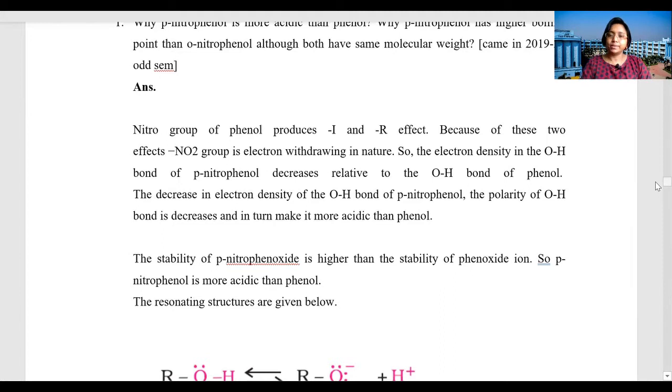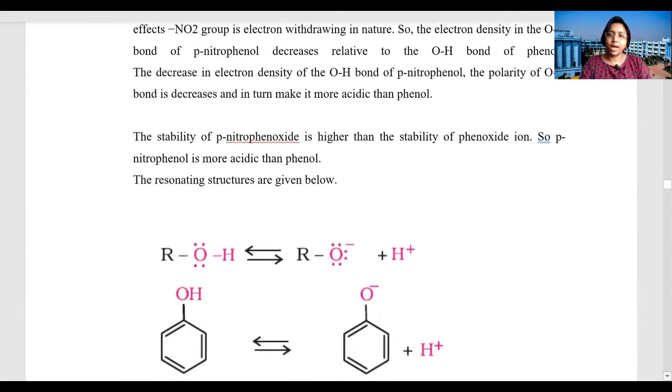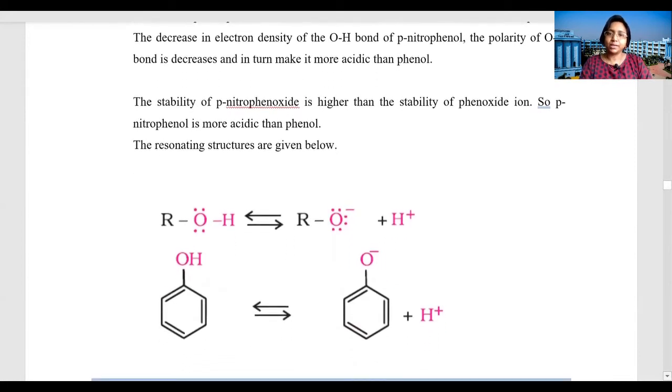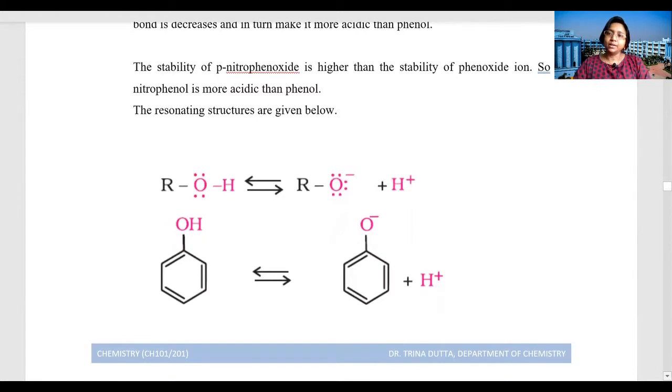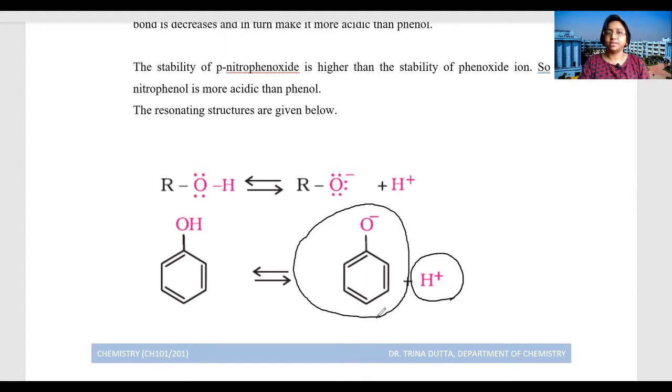What happens? Basically, we have to consider the ion, because to be acidic a compound must easily give the H plus ion. You know very well that whatever can give hydrogen is an acid. After giving the H plus ion, if the phenoxide ion is stable, then we can say that it is the strong acid.